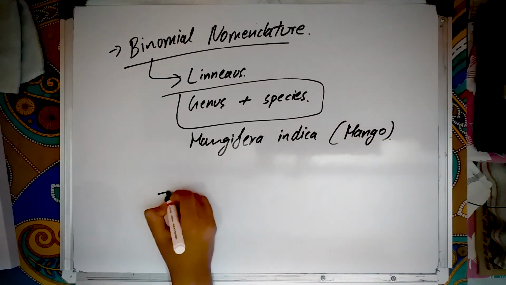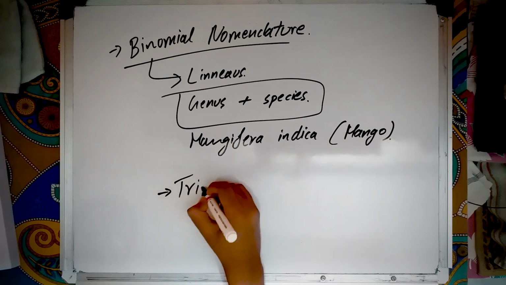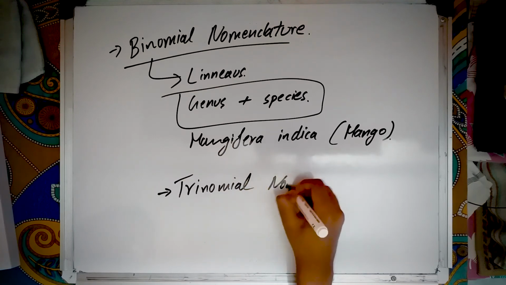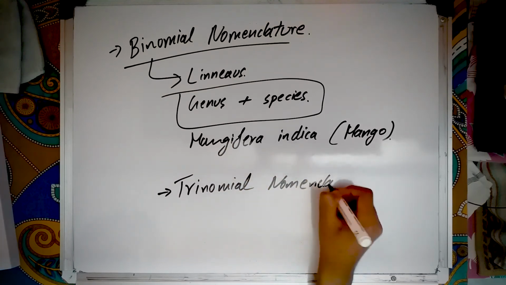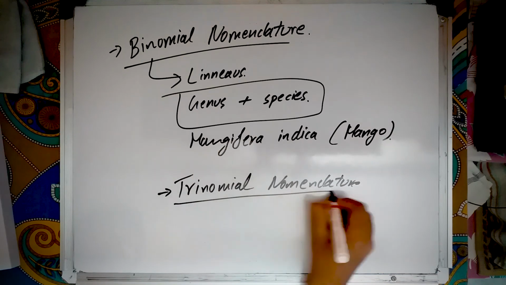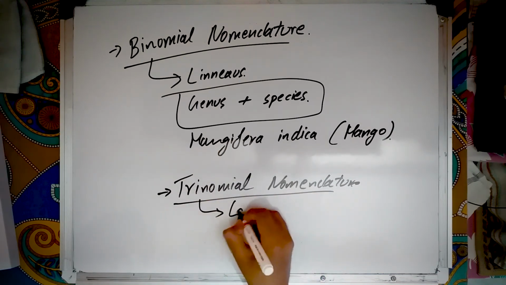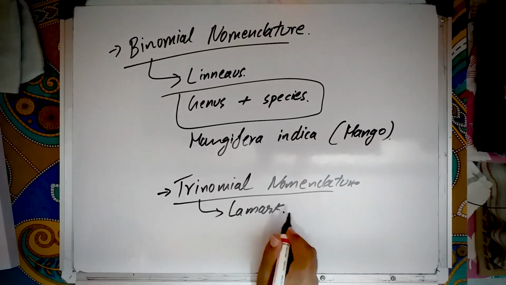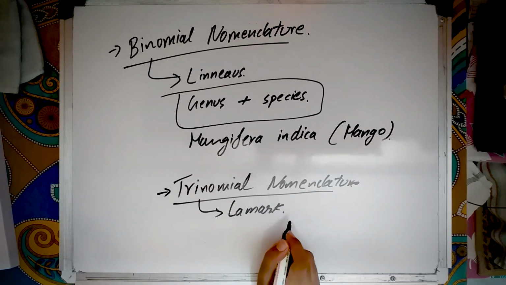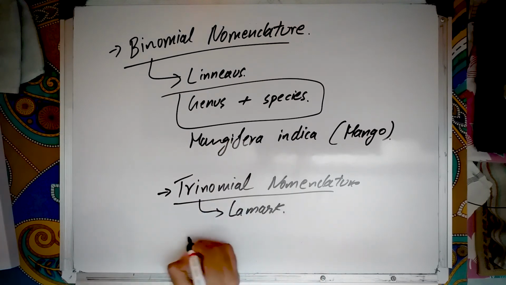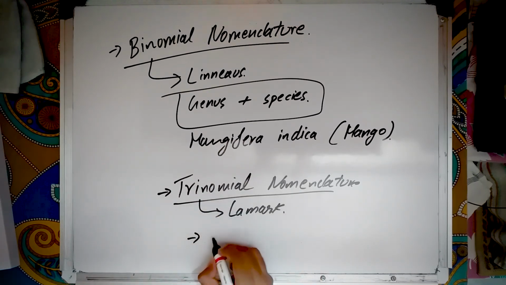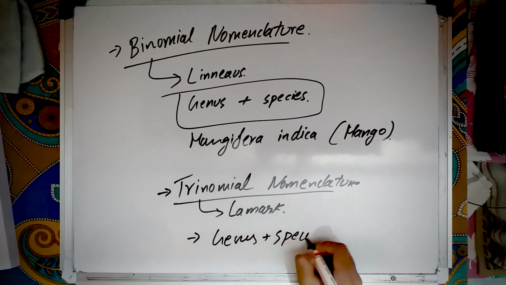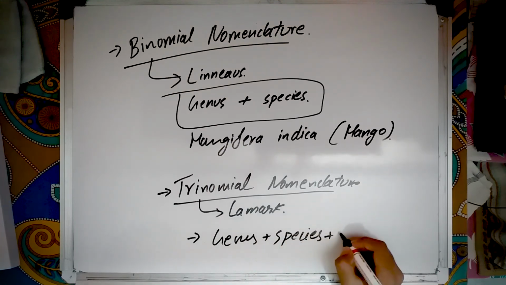And next, trinomial nomenclature. This is given by Lamarck, the giraffe guy. You'll know what I mean in the evolution chapter. It consists of genus, species, and subspecies as well.